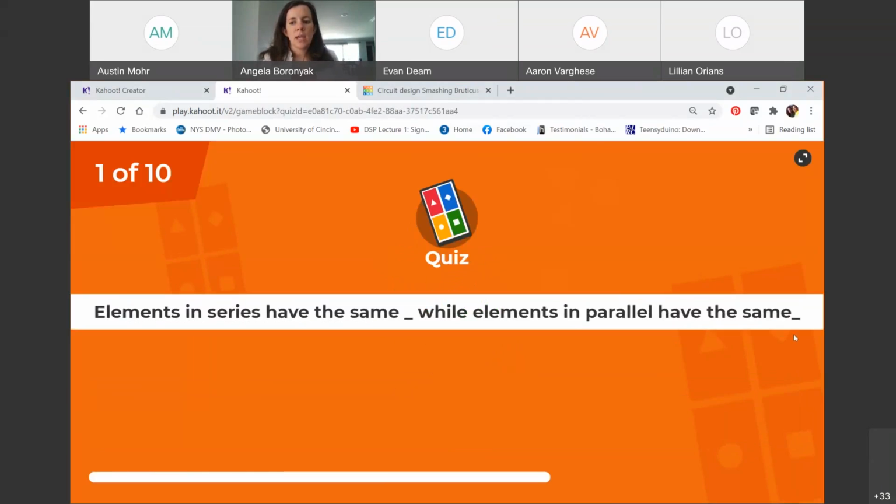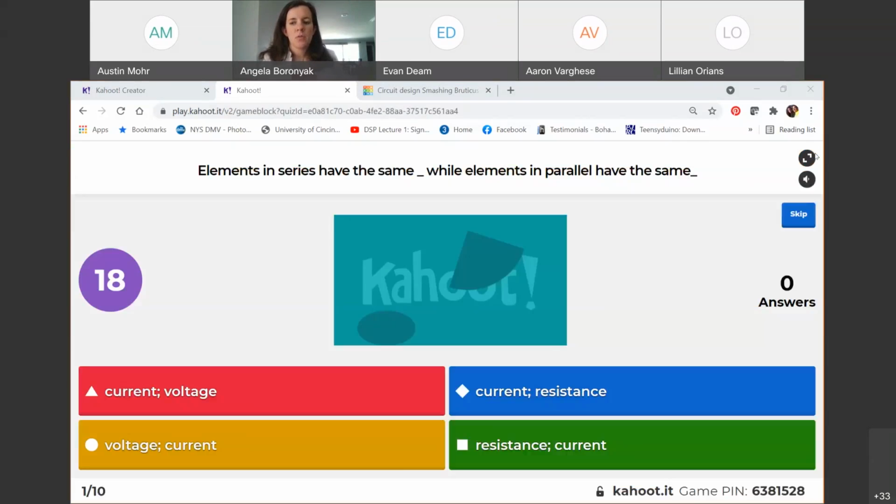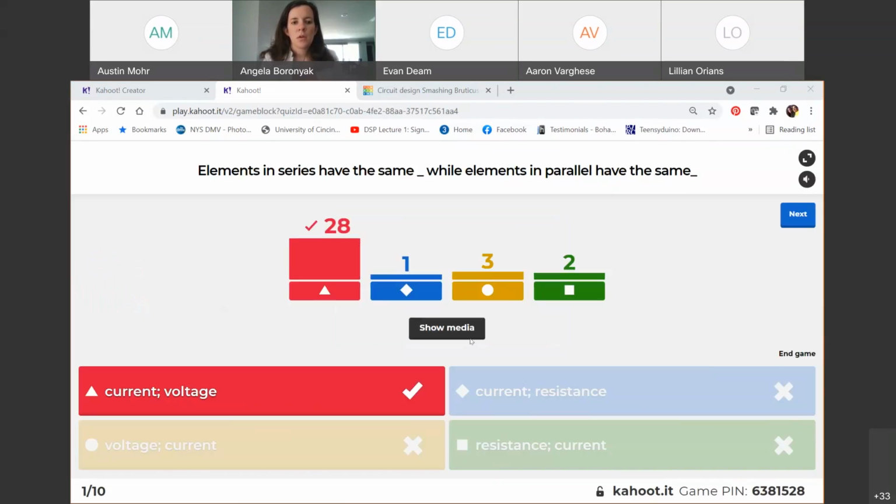Elements in series have the same what, while elements in parallel have the same what? Good.